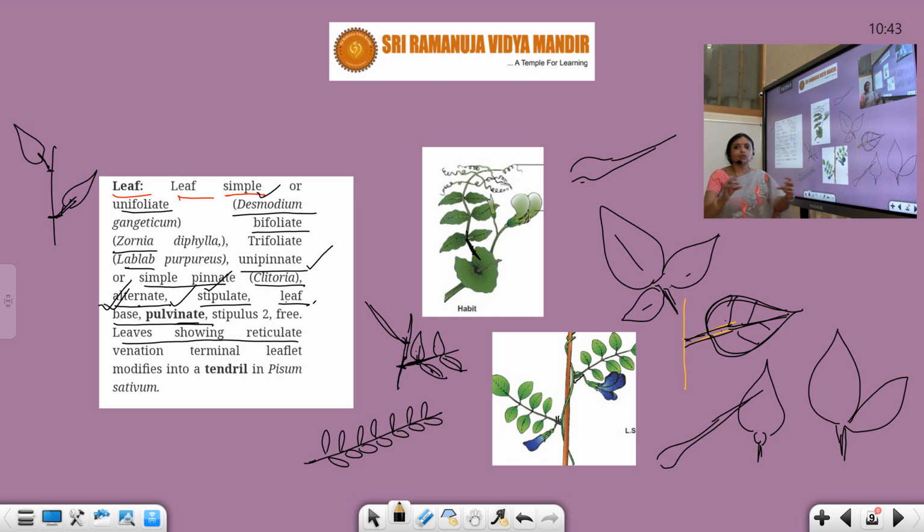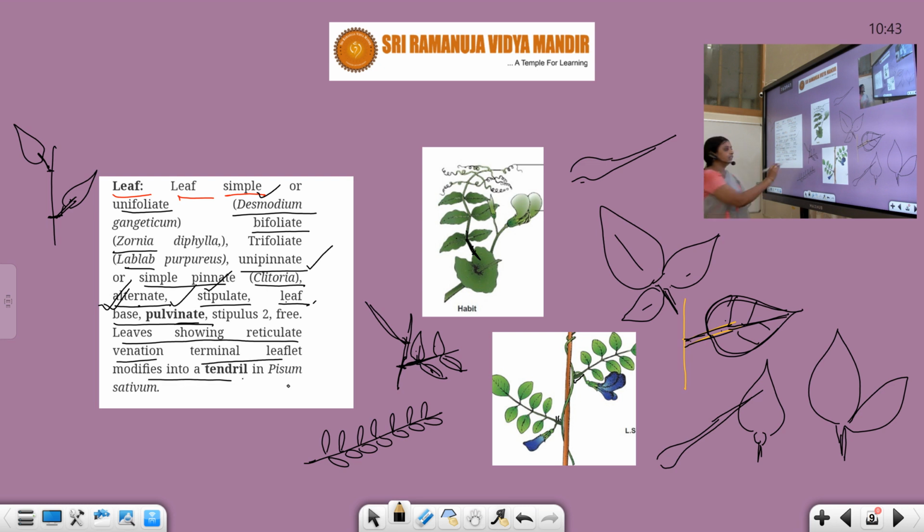If they are running parallel to each other, that is parallel venation. So here it is a dicot plant. So taproot system is one of the characteristic features. Reticulate venation is present, and terminal leaflets modify into tendrils.